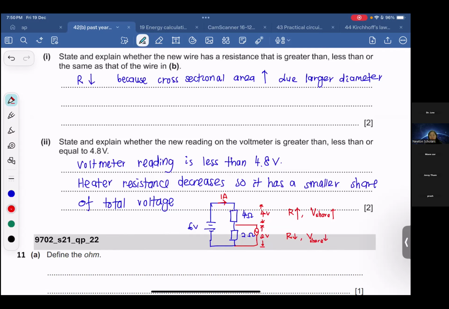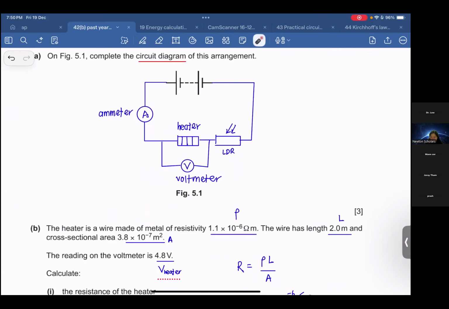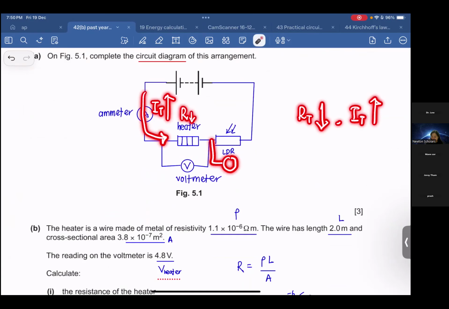Okay, there is one more answer they can accept. Go back to the front page. How do you explain when the resistance of the heater decreases? That means your overall resistance is decreased, so the current in the circuit will increase. So the LDR will receive high current.